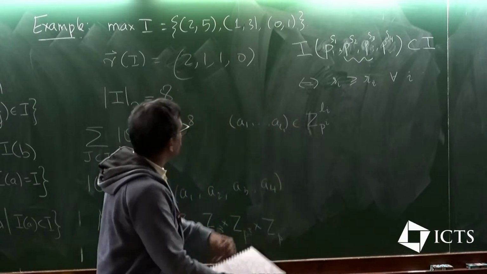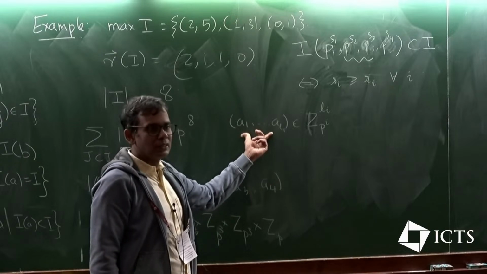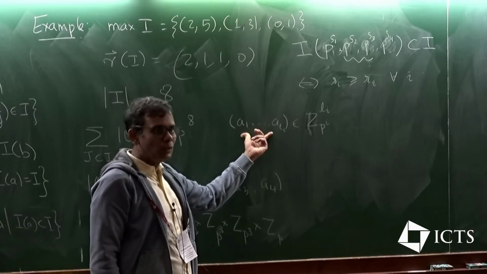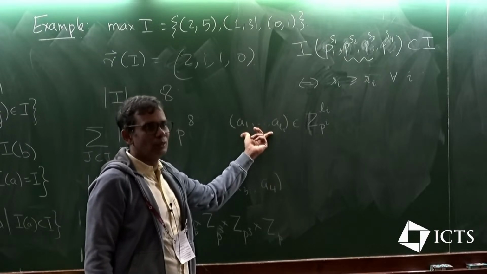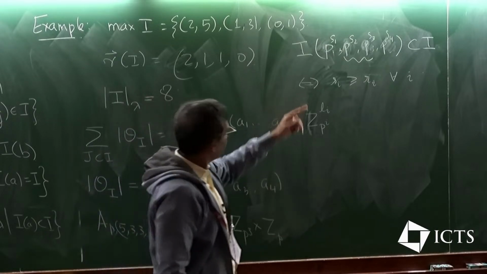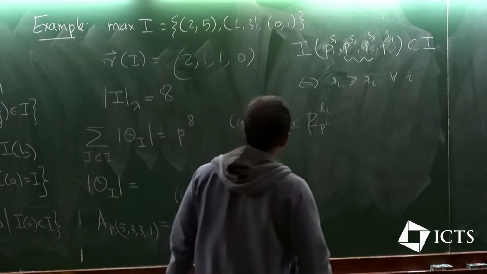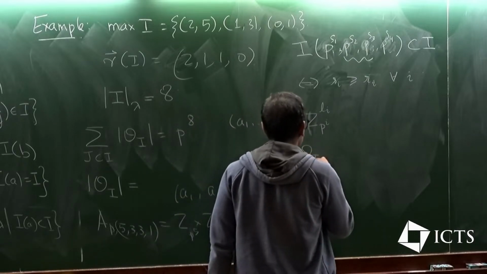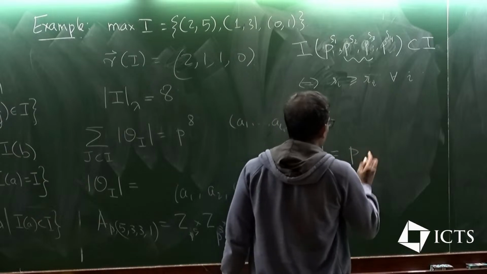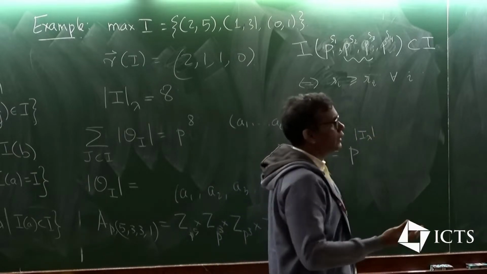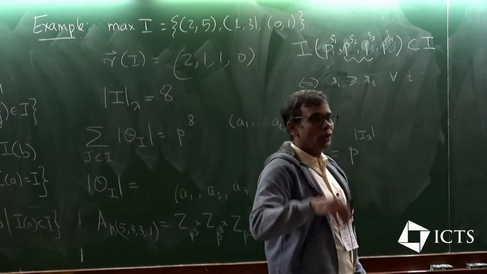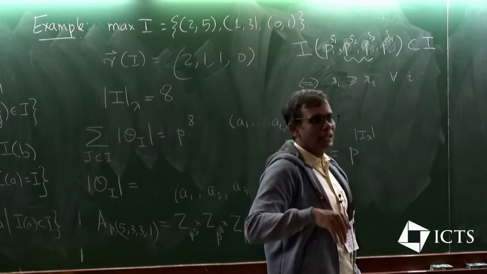Then what you need is at least one of these coordinates should have valuation equal to ri, and the rest should have valuation greater than or equal to ri. So if you just take that into account, what you'll get is that the orbit of OI is p to the i λ_i. So that's the main thing, but I need to get rid of things where all the coordinates in a block have higher valuations.